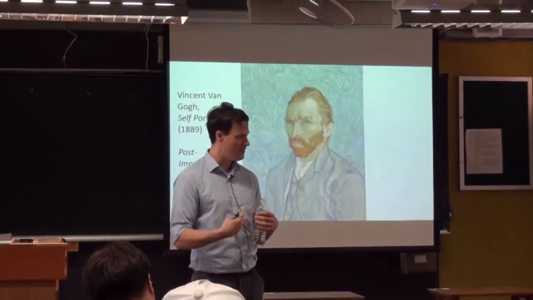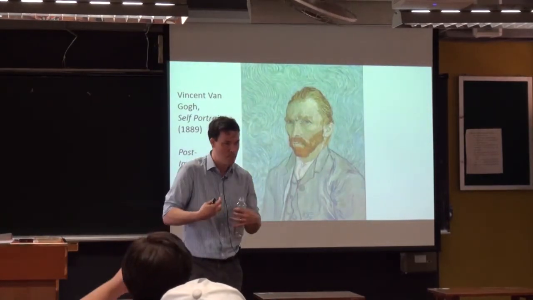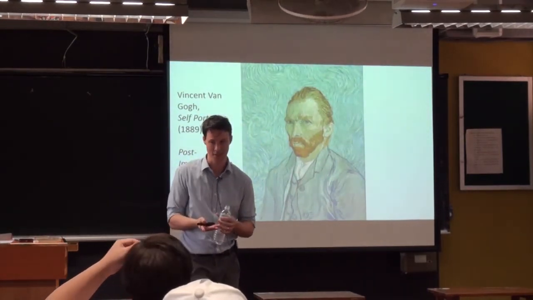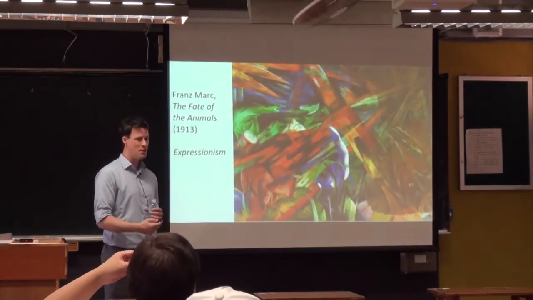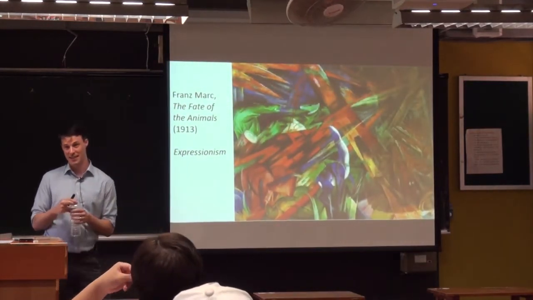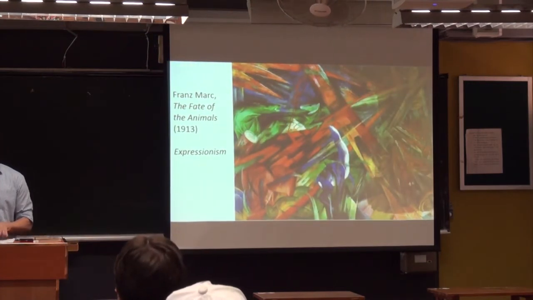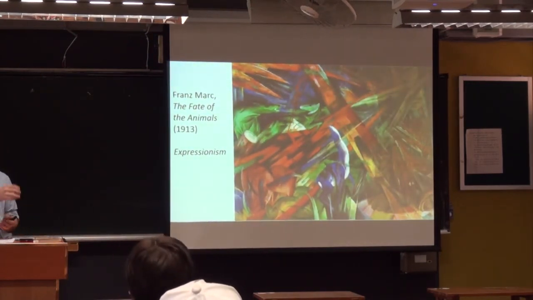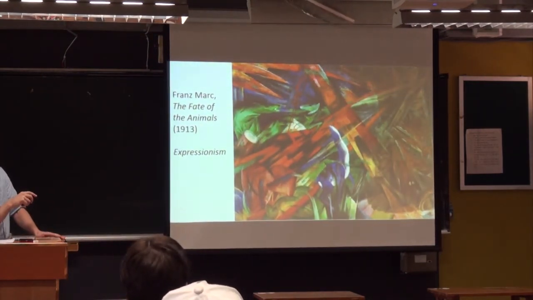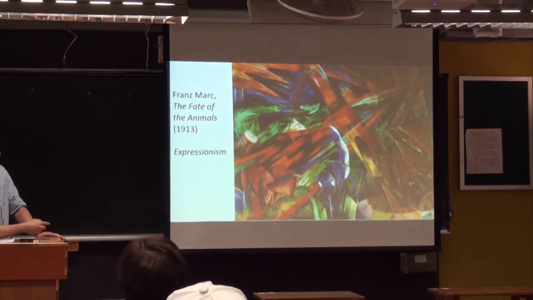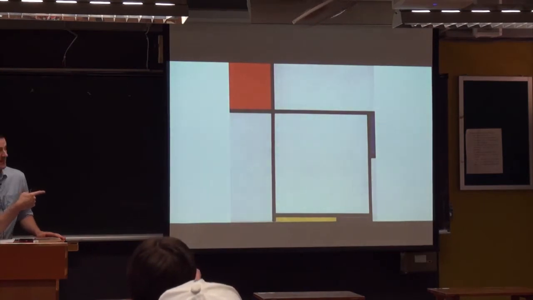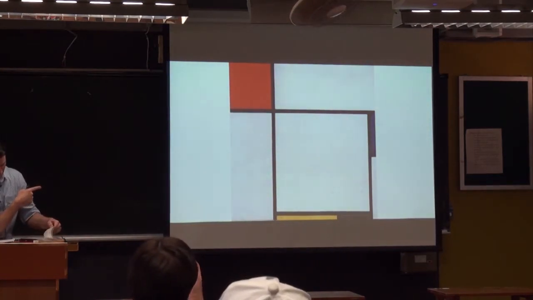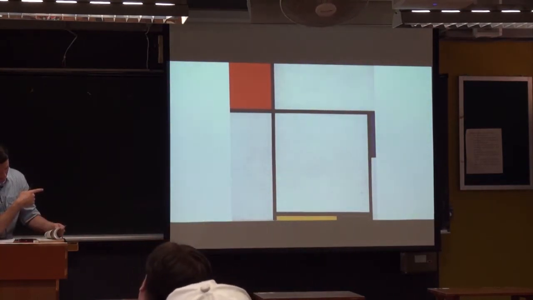It also shares some kind of powerful emotions, right? Like we were saying. But this one is much less realistic. It's very, very abstract. It's starting to get very, very abstract. And eventually, you'll get to this. Okay. What's the date on this?